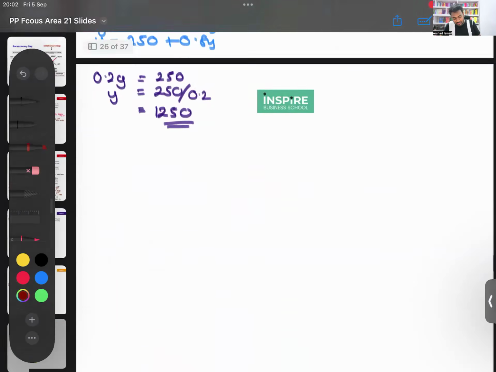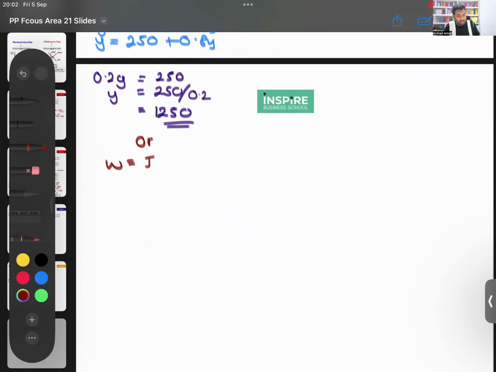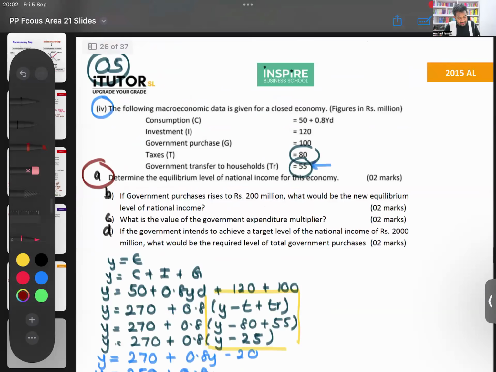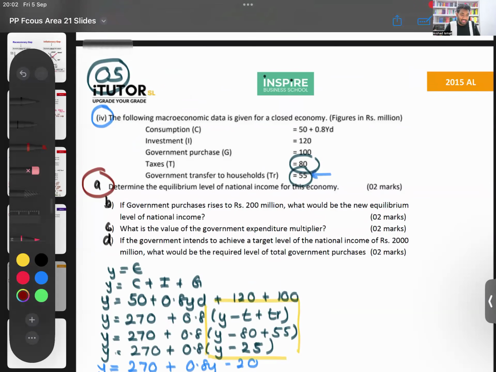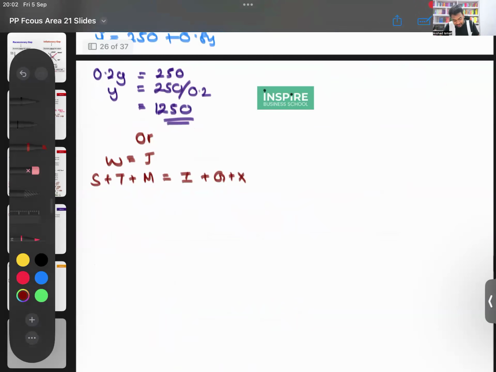So let's say part A, alternative answer: use the W equals J method. The W equals J method is savings plus taxes plus imports equals investment plus government spending plus exports. So what is my savings? Consumption is 50 plus 0.8 YD. Savings is minus 50 plus 0.2 YD.